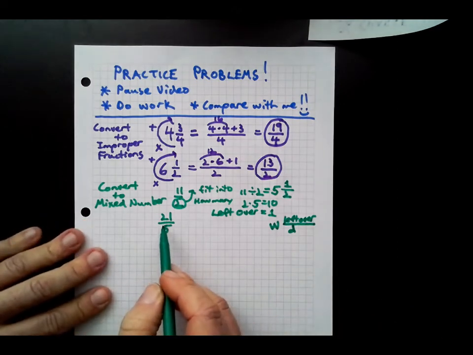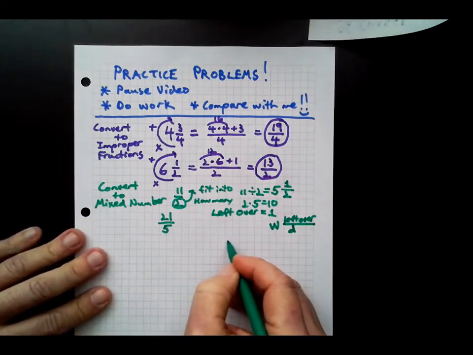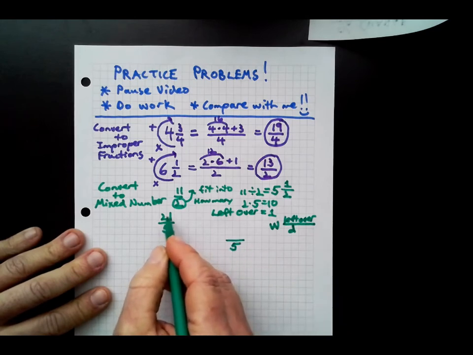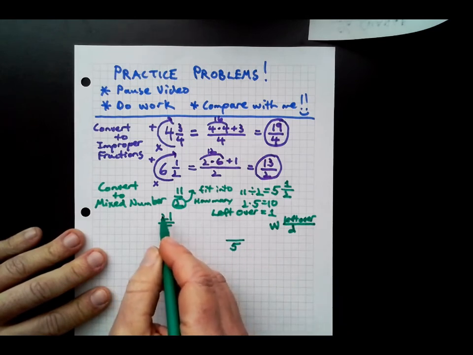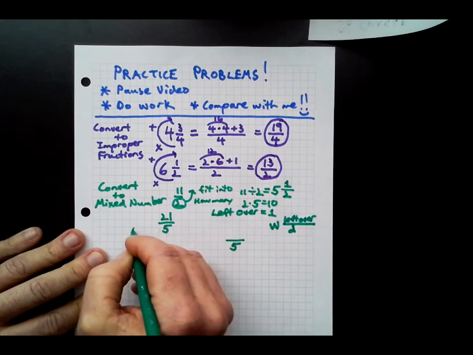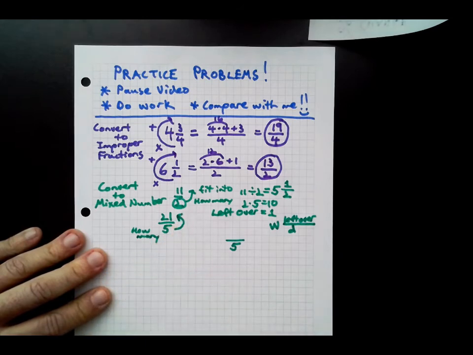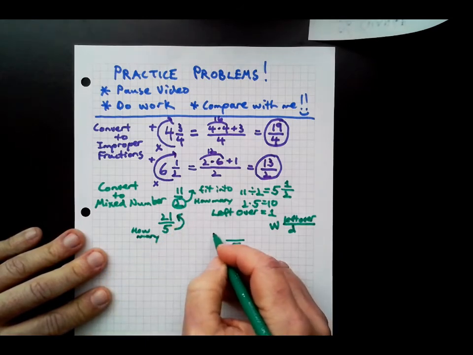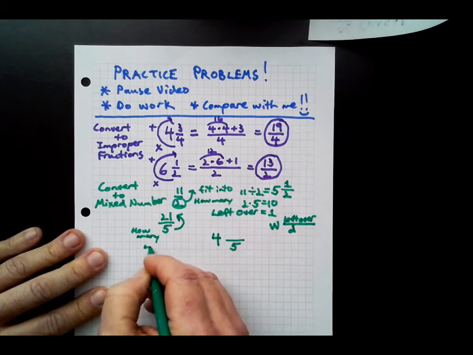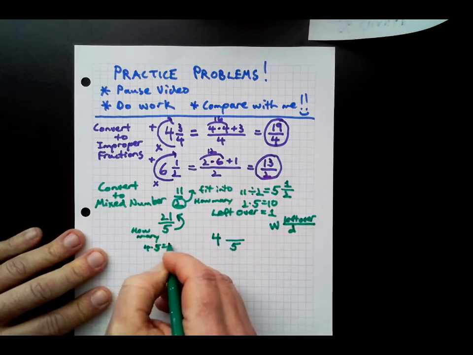So let's do that here. We know that we're going to have a 5 on the bottom. 21, how many 5's fit into 21? How many 5's go in there without going over? And the answer is 4, and we can prove that by going 4 times 5 equals 20.